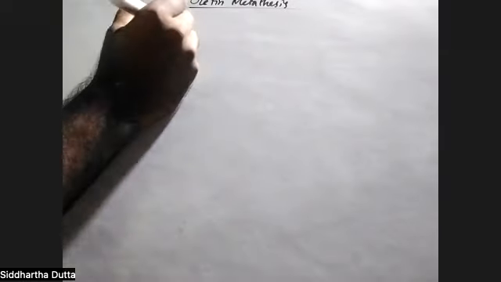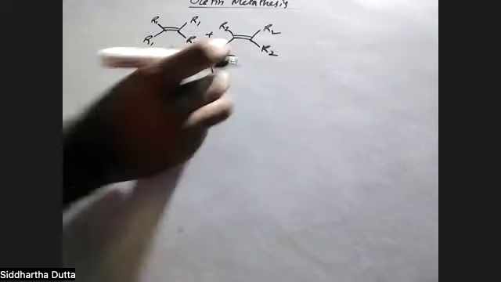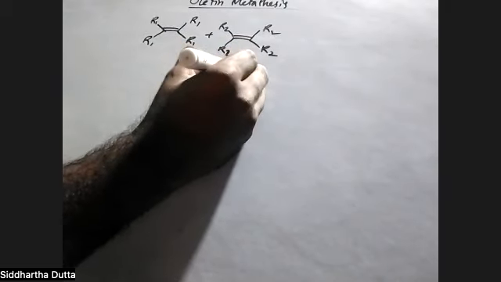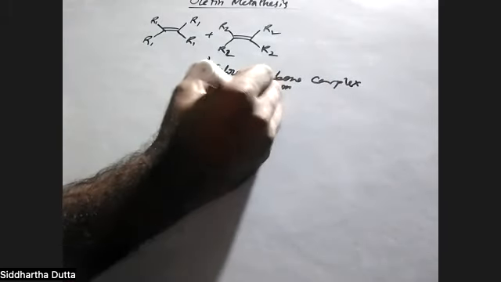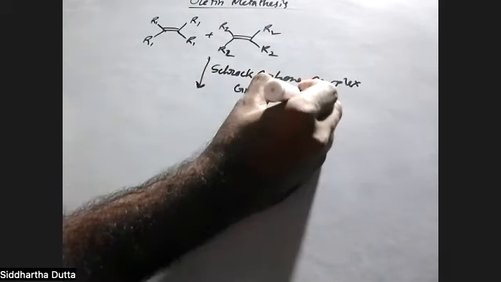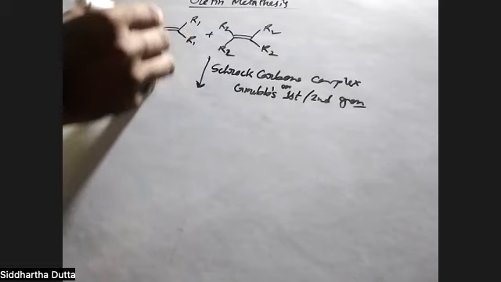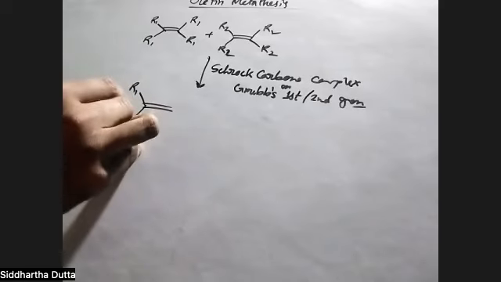So if I have two types of alkenes with different substituents, here R1 and R2, and if I use a Schrock carbene complex or a Grubbs first gen or second gen catalyst, they rearrange themselves in different ways and give rearranged products like R1, R1, R2, R2, and their original ones also.